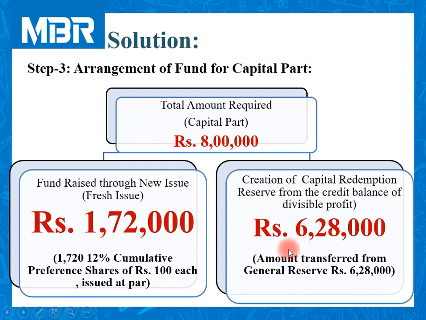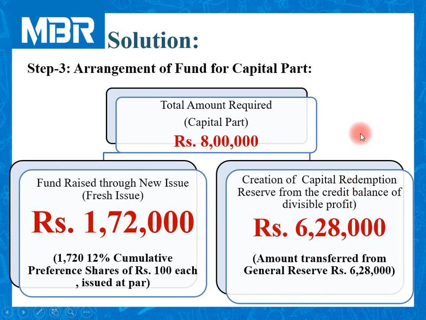So the remaining rupees 6,28,000 is collected by the company using its internal source, that is a credit balance of divisible profit. And the amount of rupees 6,28,000 is transferred to CRR from the balance of the general reserve account.